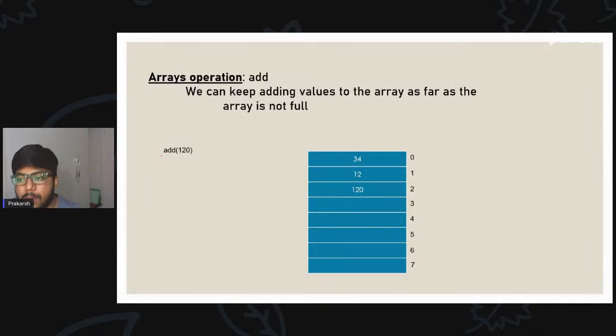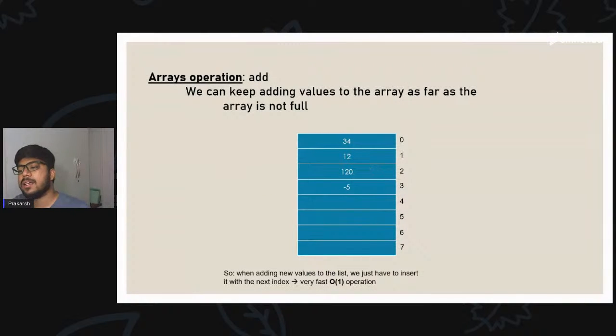As you can see, every time I'm adding something to my array, it is adding into the next index column. It's moving like this, and this. Okay. And the operation is very fast. Why?